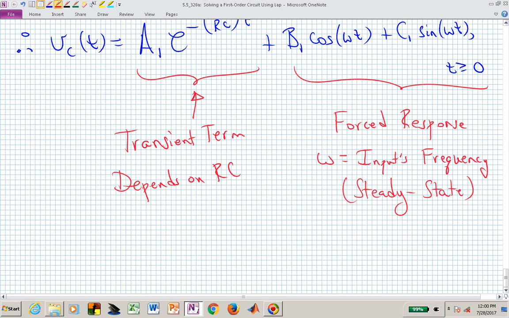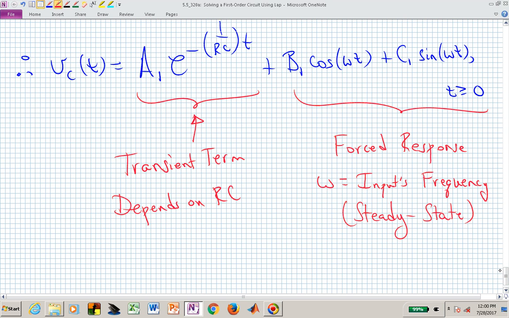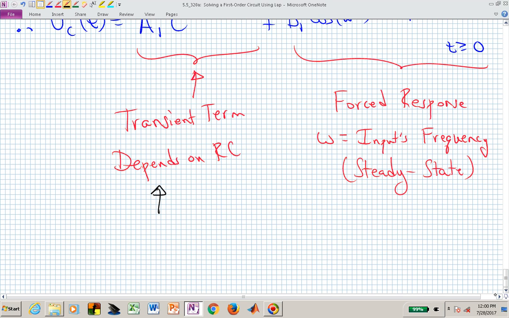And how long do I have to wait before all I see is shaking and no more transient? Do I have to wait an infinite amount of time? Theoretically, yes. But in reality, this transient is negligible after, let's just agree, 5 time constants.